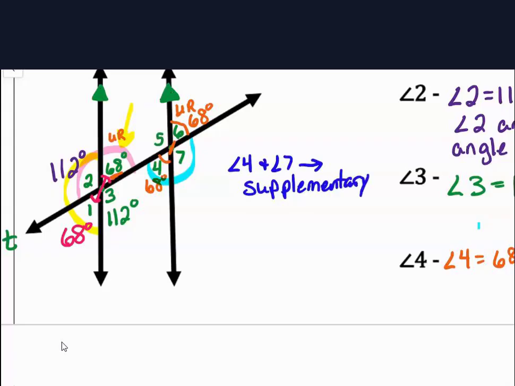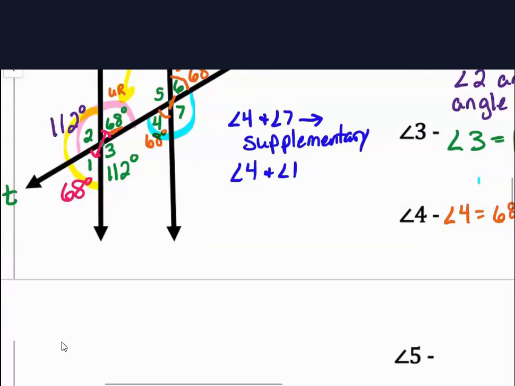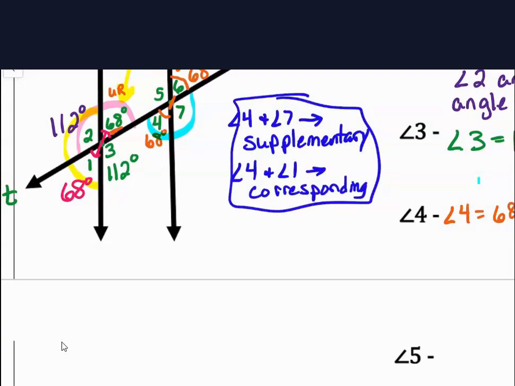Or I can say angle 4 and angle 1 are what? Angle 4 and angle 1 are corresponding. So if angle 4 and angle 1 are corresponding, you don't have to write this part down, guys.